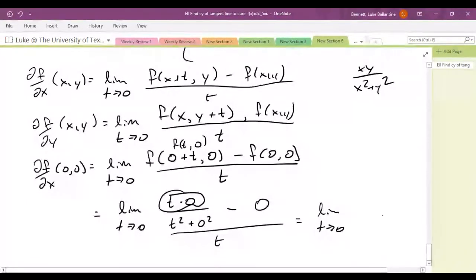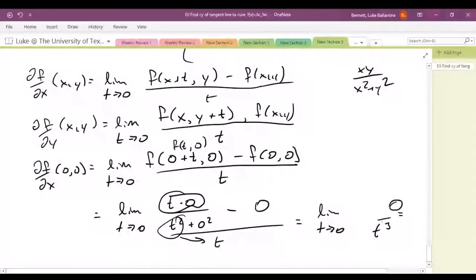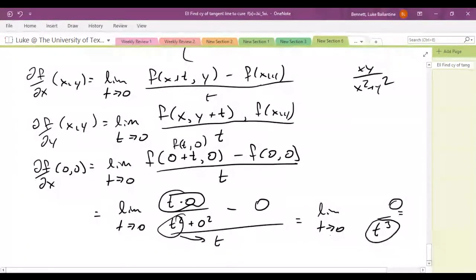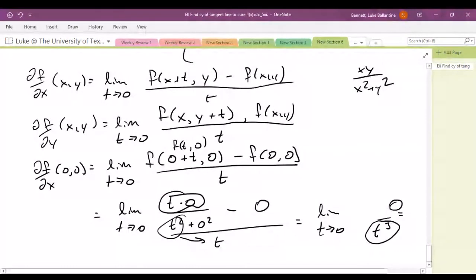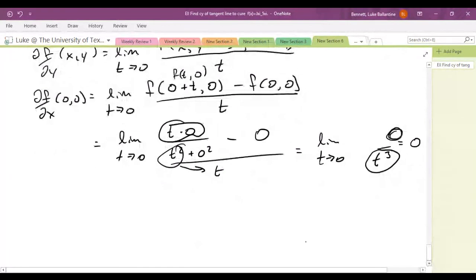This numerator is 0, and this denominator gets absorbed down here over t cubed. This limit is non-zero because we're taking it as t approaches 0, and 0 definitively on top, so this limit equals 0. So the partial of f with respect to x at 0, 0 is 0.